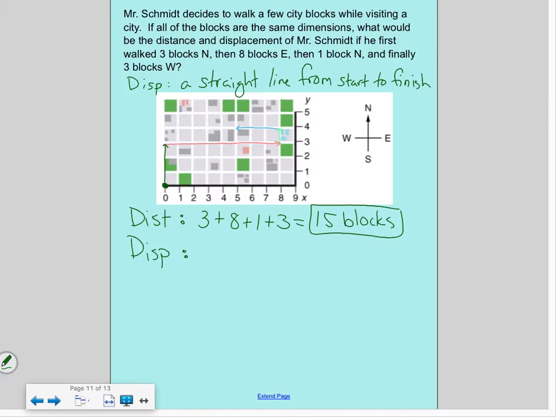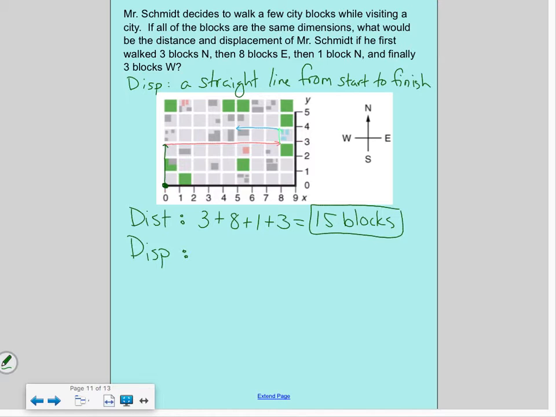By saying start to finish or initial to final, that's telling you where you're going to start drawing your arrow from and where you're going to end. It also tells you what direction you're headed. If I went finish to start, I'd be in reverse. Let's say we were going on a treasure hunt, and we had to walk all those steps to get to our destination.